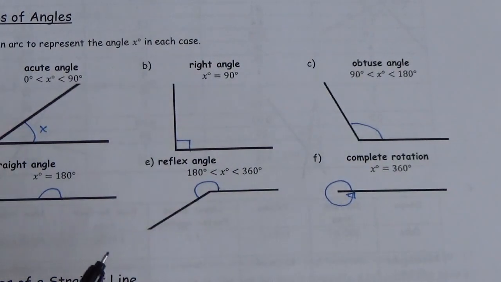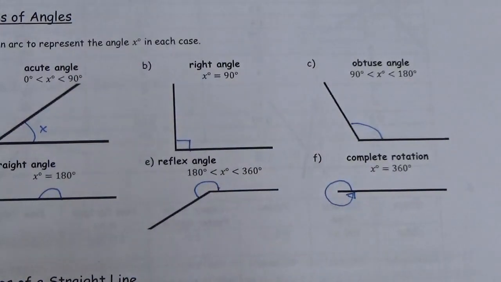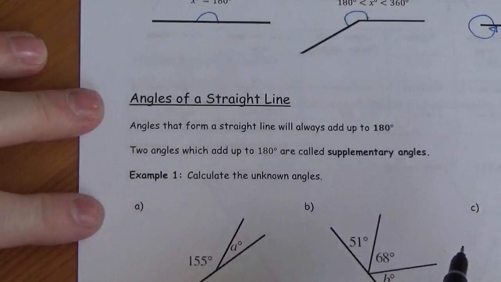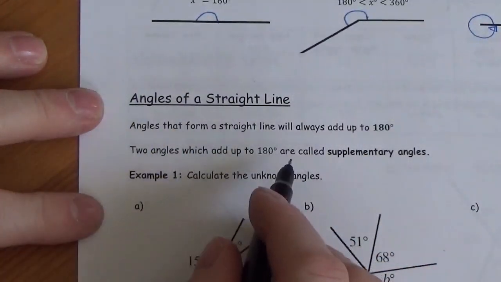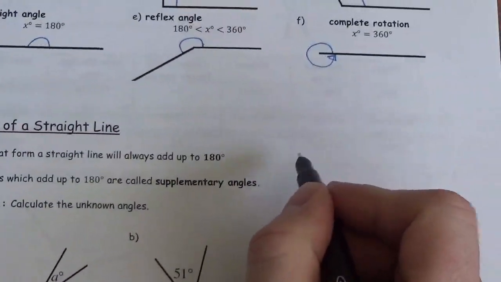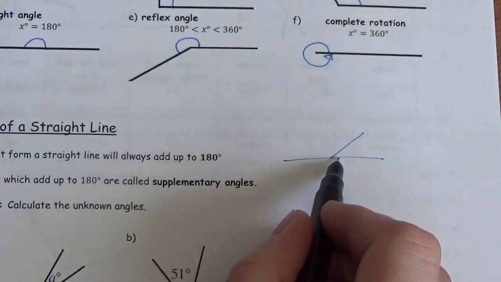Okay? So now we're going to go through section by section, focusing on specific relationships. The first thing we want to look at are what we call angles on a straight line. When you've got two angles that add up to 180 degrees to form that straight line, so for example, let's say you've got two angles here.